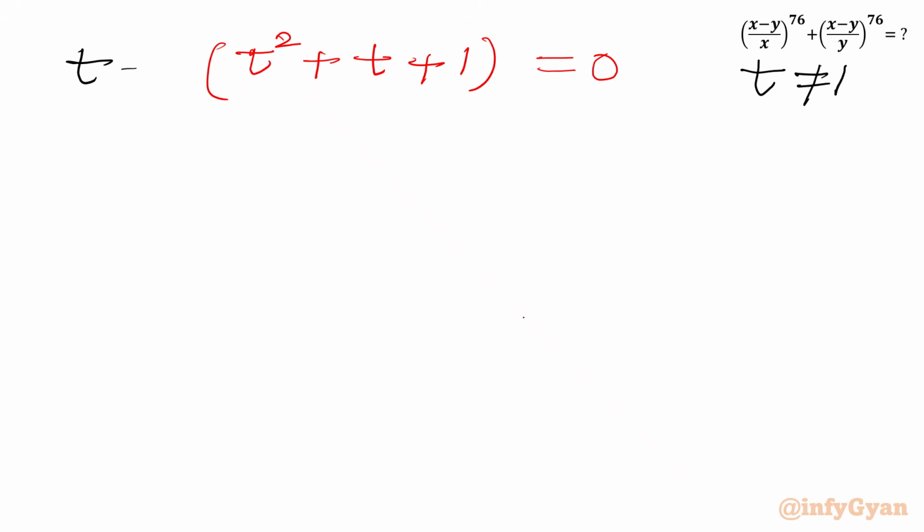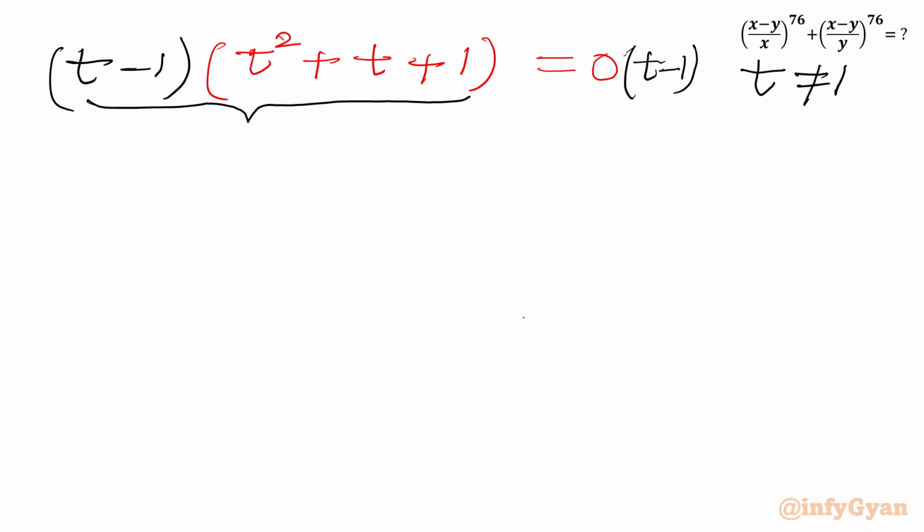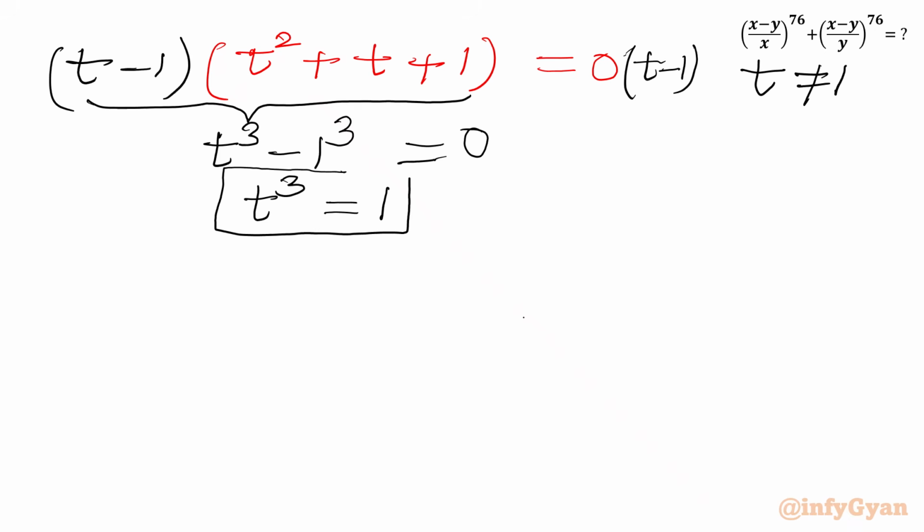So we can multiply this equation by t minus 1 both sides. Now LHS will provide us t cube minus 1 cube form. RHS will be 0. From here, I can write t cube equal to 1. So we have one strong result or equation t cube equal to 1.